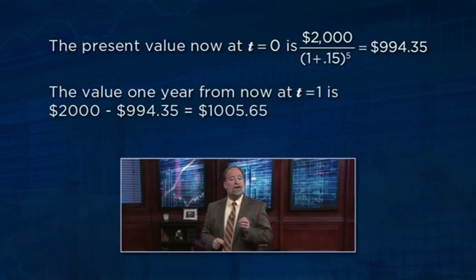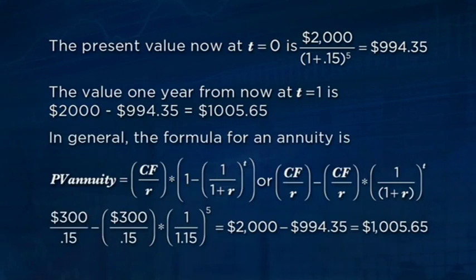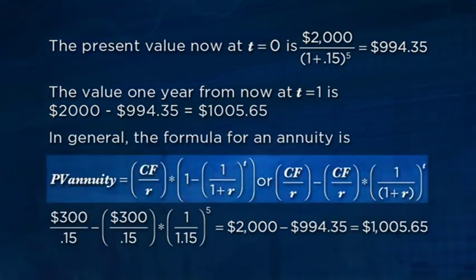Thus, an annuity that pays $300 every year for 5 years, with the first payment being made exactly a year from now, is worth $2,000 minus $994.35, which is $1,005.65. In general, the PV of an annuity is equal to the cash flow divided by the interest rate, all of that multiplied by 1 minus 1 over 1 plus the interest rate raised to the t.